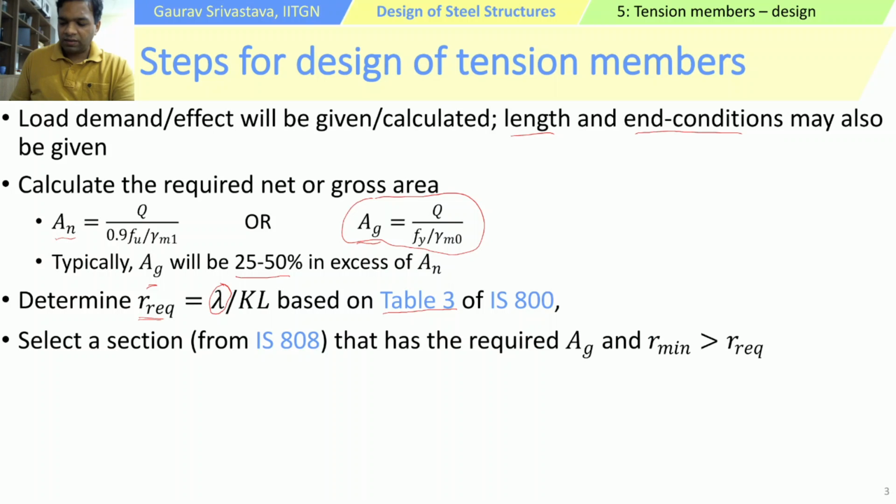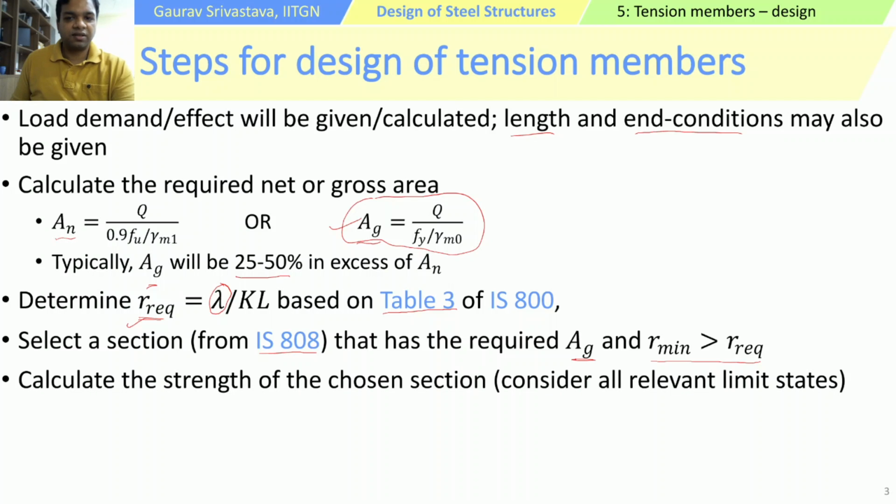Once the gross area and the required radius of gyration are known, then from IS 808 we can select a section that has the required gross area and for which r min is greater than r required. If you look at IS 808 tables, the radii of gyration are also given as part of the same table for each section.